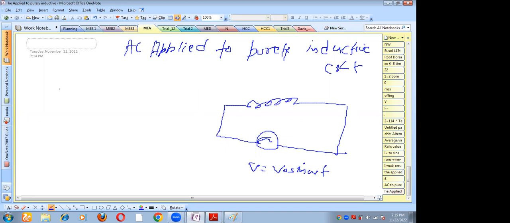Here what will happen? Current will lag, right?